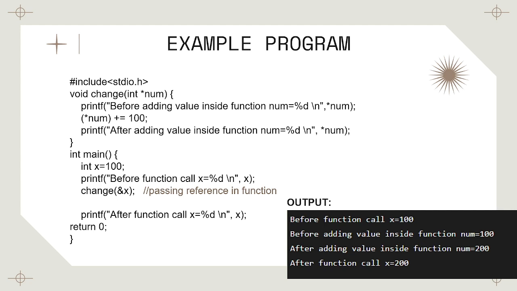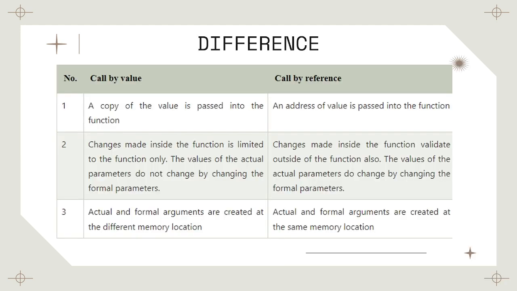And when the control is passed to the main function, when you print x with printf, after function call x is equal to %d, instead of printing 100, it will print 200, because the changes you are making are made at the same address location. So 200 will be printed.